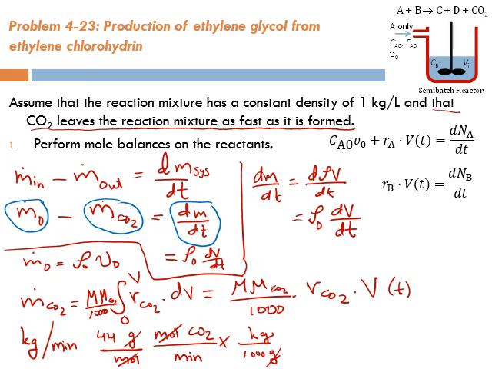Okay, just to conclude, let's write the initial conditions. So what initial conditions do we have? Okay, we have the following initial conditions, right? At t equals 0, Ca equals, what is the concentration of A inside the reactor? 0, right?